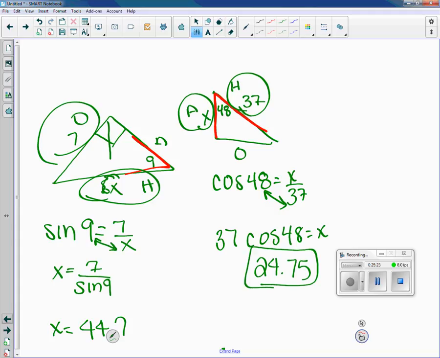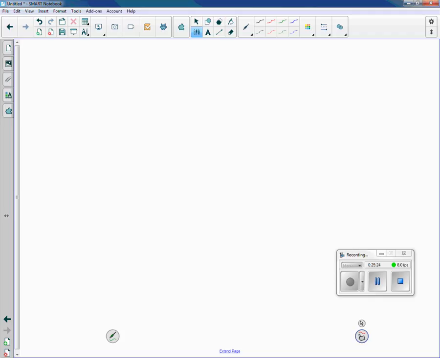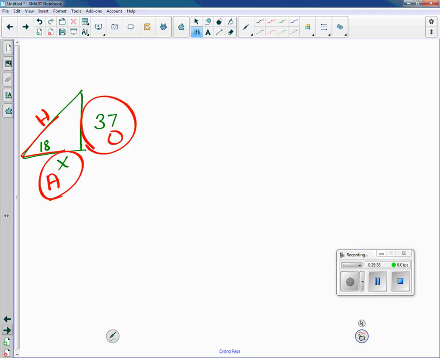All right, number 12. This is 18, 37, and X. I'm highlighting. This is H, A, O. I have a value for O and A. So I need to use tangent. Tangent of 18 is equal to 37 over X. If I look at these two, I have an X there now. Is everybody with me?